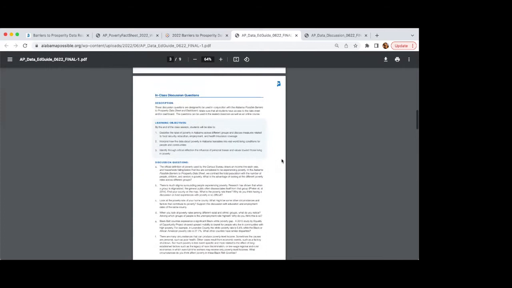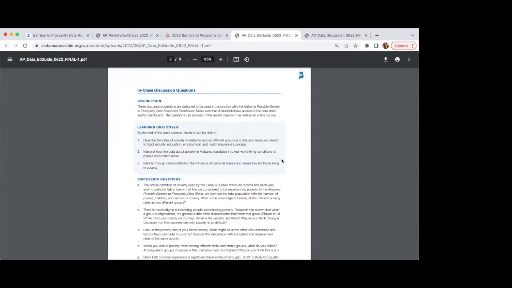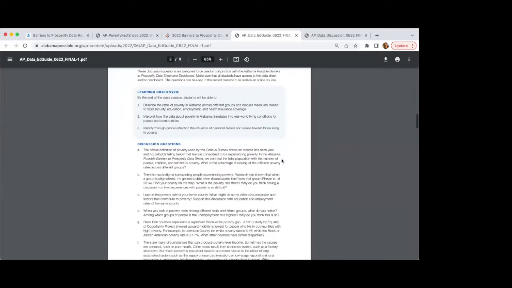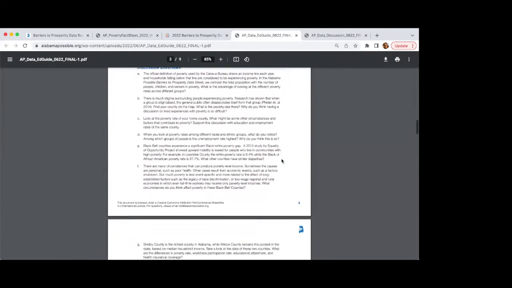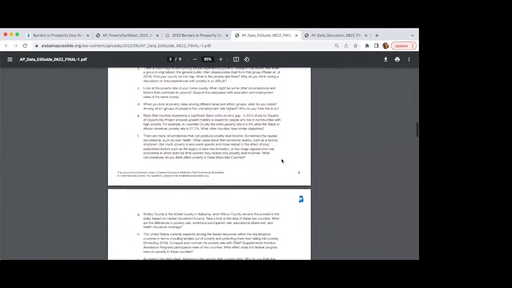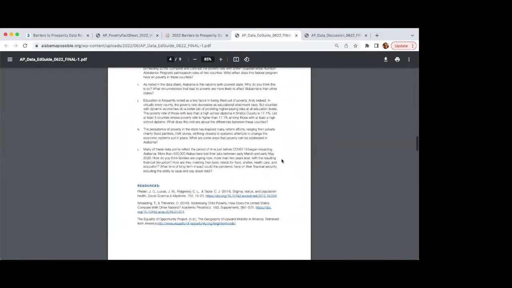So after an overview, the data discussion guide gets into some questions to think through. So these are to get students thinking about what the data means for their neighbors. And a really important part of this reflection is prompting students to consider the impact of systems, of institutions, and policies on their communities.